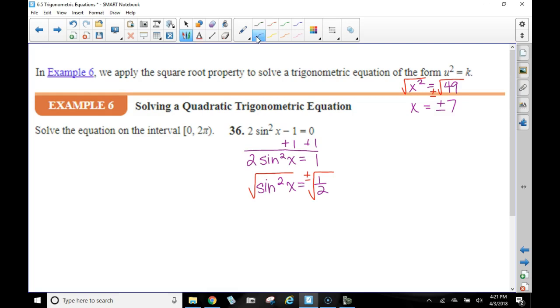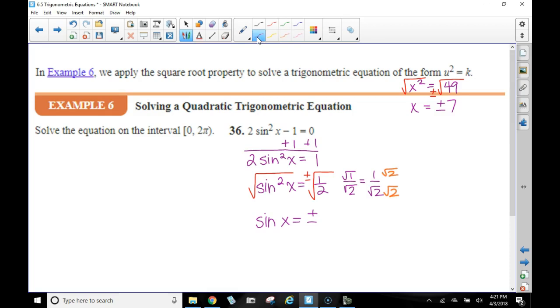Now, on the left-hand side, we just have sine x. On the right-hand side, we have both positive and negative. This is the same thing as the square root of 1 over the square root of 2, which is just 1 over the square root of 2. And maybe we should rationalize that denominator.